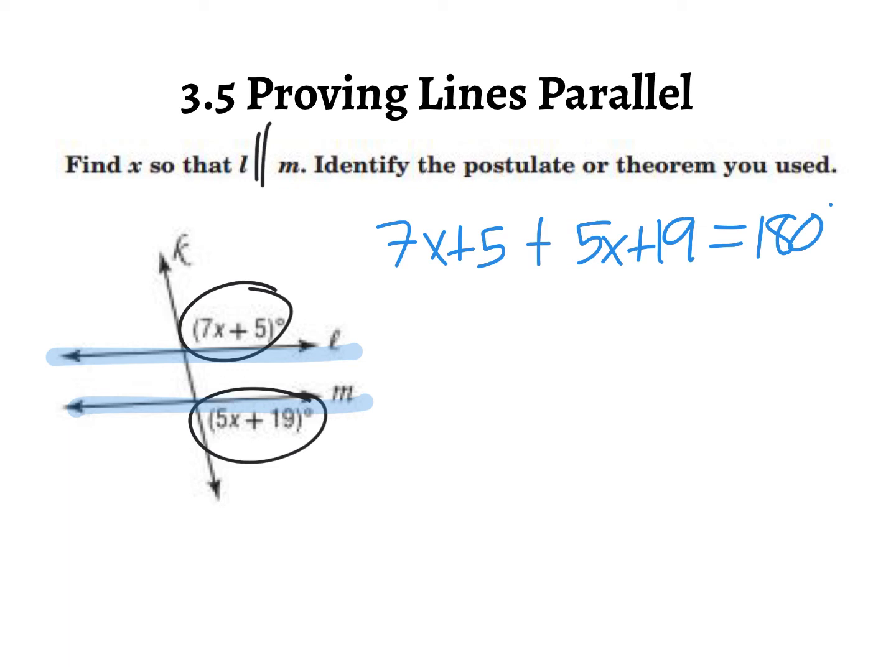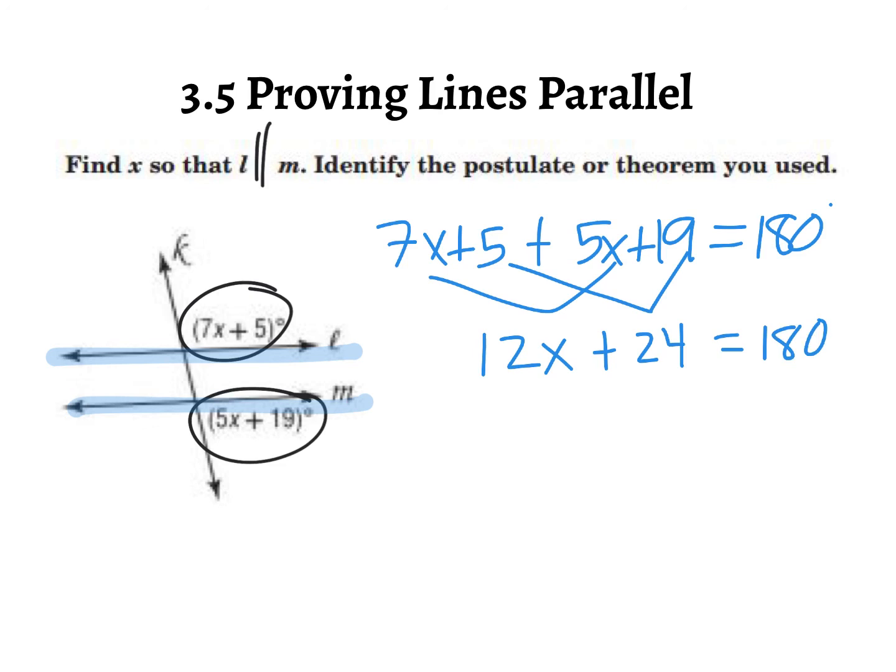Since the x's are on the left, I can just combine these. I get 12x. I can combine the numbers because these are like terms. 5 plus 19 is 24, equals 180. Right? Here we're dealing with consecutive exterior angles. So as I'm solving this problem, I'm just isolating the variable. I subtract 24 on both sides. 12x must then equal 156.